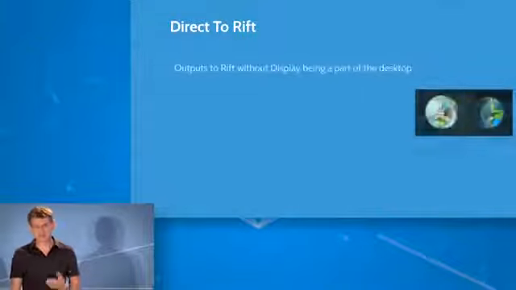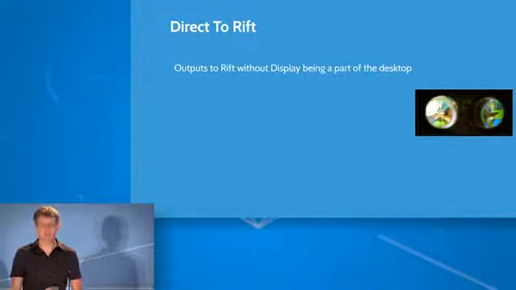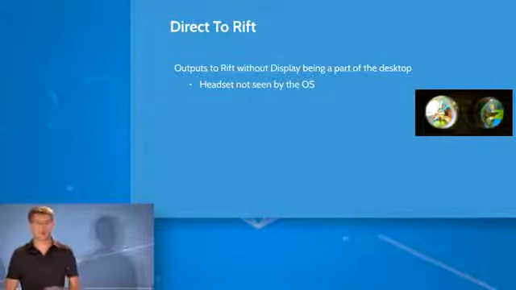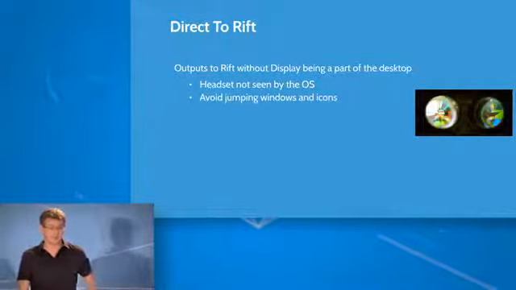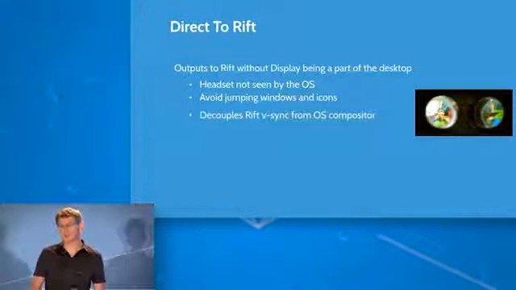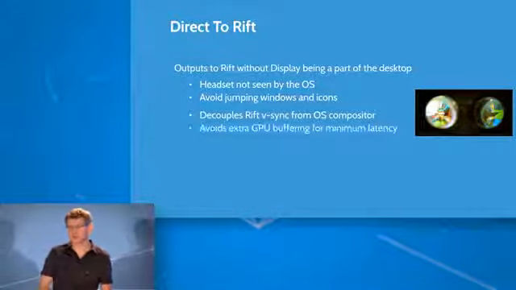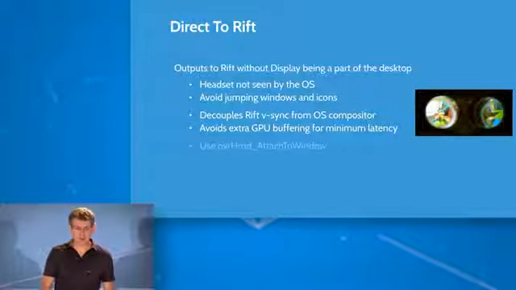So with direct-to-rift, we wanted to address these limitations. As you might already be aware, what happens with direct-to-rift and the new driver is that the display is no longer a part of the desktop, which means it'll just show up in the rift, and you can actually display something else on the screen. So the headset is not seen by the OS. It means it's not going to disrupt your behavior.